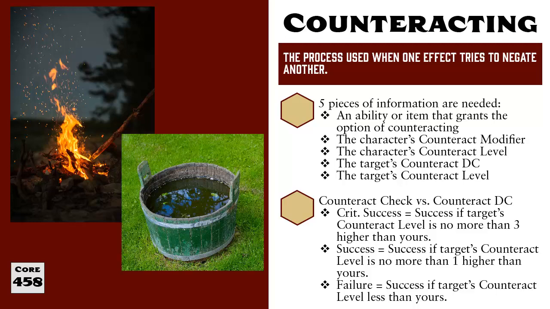And if it was filled to the brim, maybe that counteract level is 8. So it's going to be a combination of both your ability to hit the fire with the bucket of water and a comparison between that fire's counteract level and your counteract level that determines the final result of the counteract attempt.